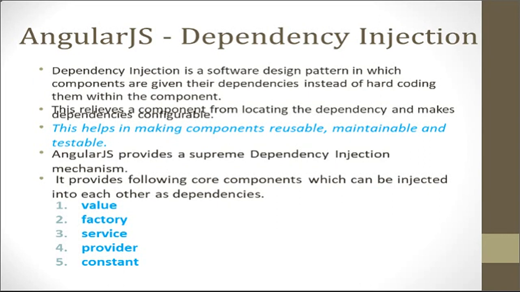This relieves a component from locating its dependencies and makes dependencies configurable. It is used to make code reusable, maintainable, and testable. For this, we have core components for each dependency: value, factory, service, provider, and constant. Let's begin one by one.